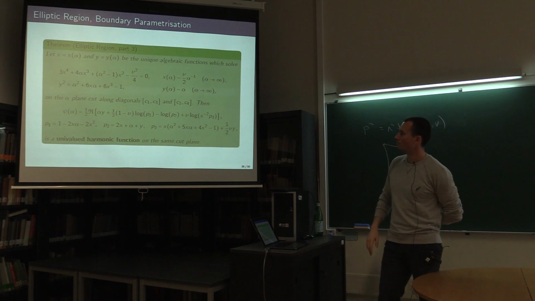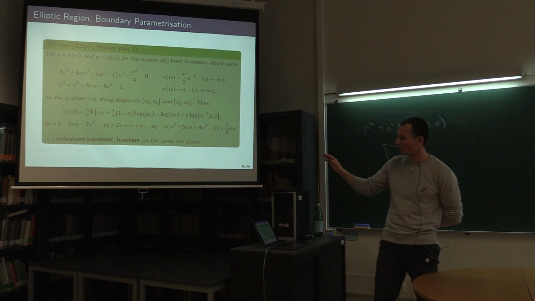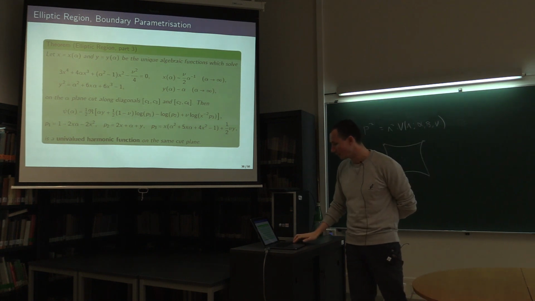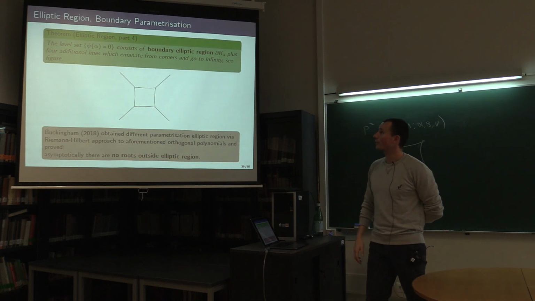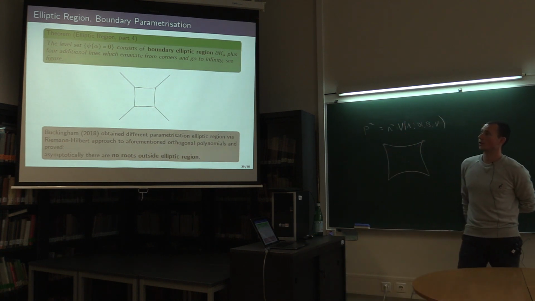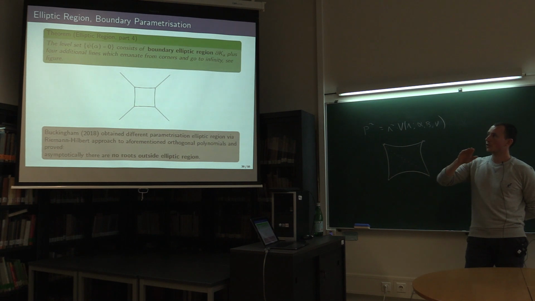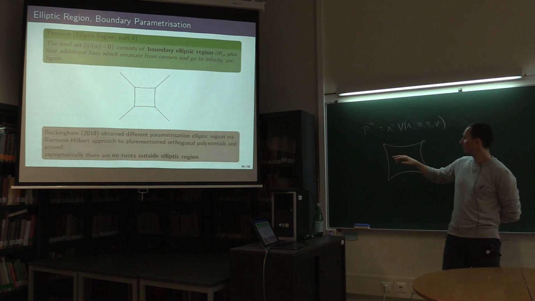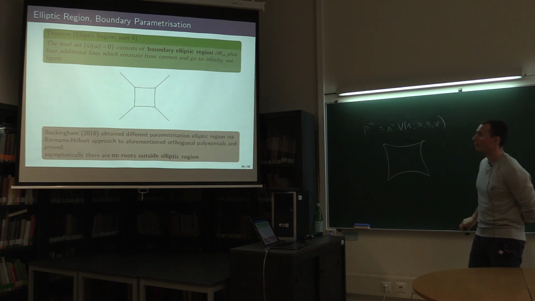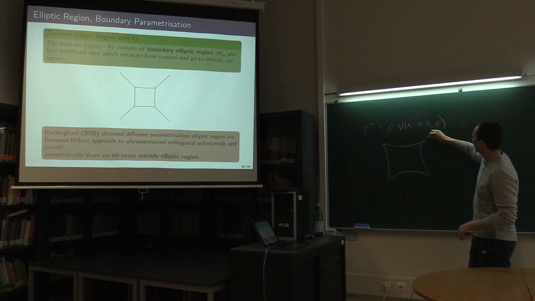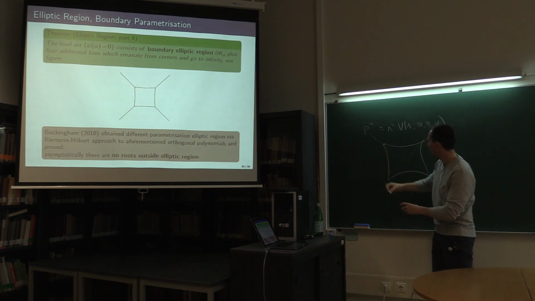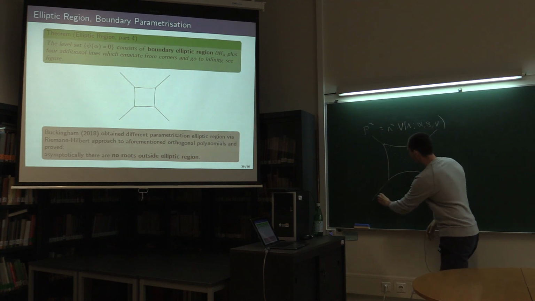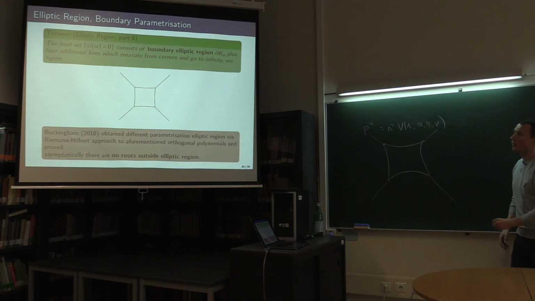The point is that the level set where this function is 0 consists of the boundary of the elliptic region, and in addition, some lines which emanate from the corners and go to infinity.